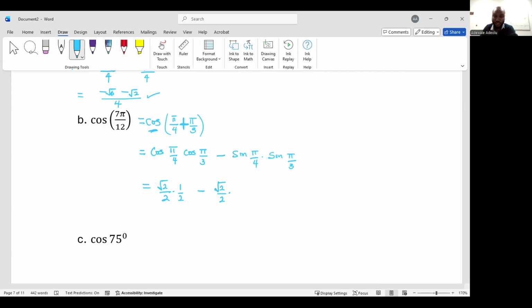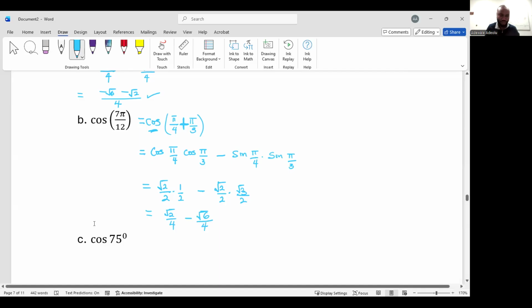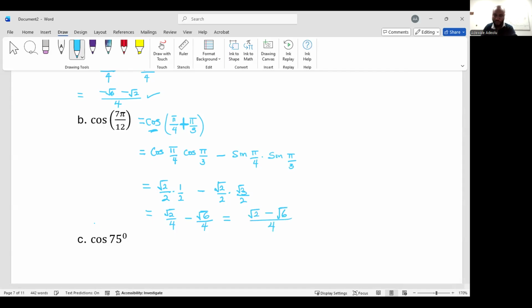Sine of pi over 3 should be root 3 over 2. So this is root 2 over 4 minus root 6 over 4. And my answer will be, so this is equal to root 2 minus root 6 over 4.